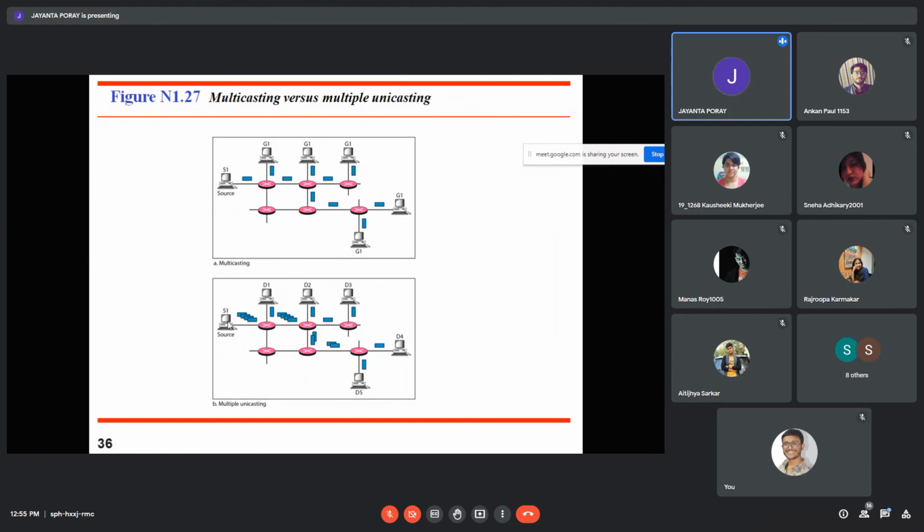And what is broadcasting? What is the difference between multicasting and broadcasting? Can anyone tell me? Unicasting, you know. Multicasting, you know. There is another term we call broadcasting. For broadcasting, there is no choice. They are not choosing a particular interface like multicasting.